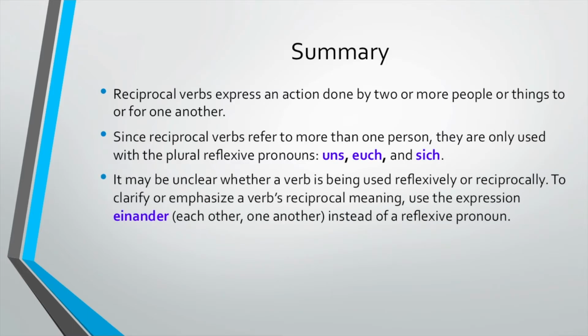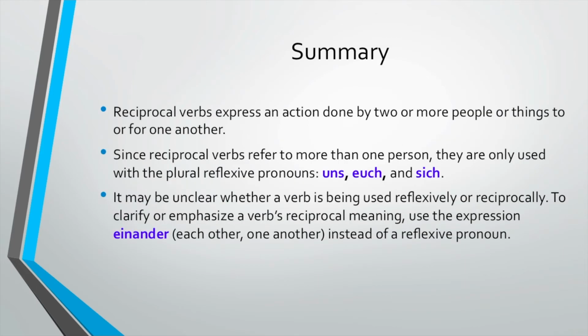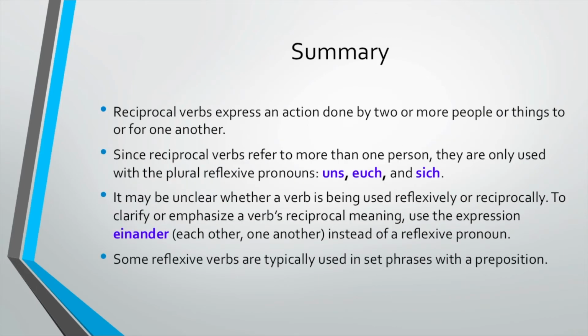It may be unclear whether a verb is being used reflexively or reciprocally, but to clarify or emphasize a verb's reciprocal meaning, you use the expression einander instead of a reflexive pronoun. Okay, so einander is the word here. And some reflexive verbs are typically used in set phrases with the prepositions, and I gave you a whole list there. So write that down and remember those. And that is all you need to know for this video.